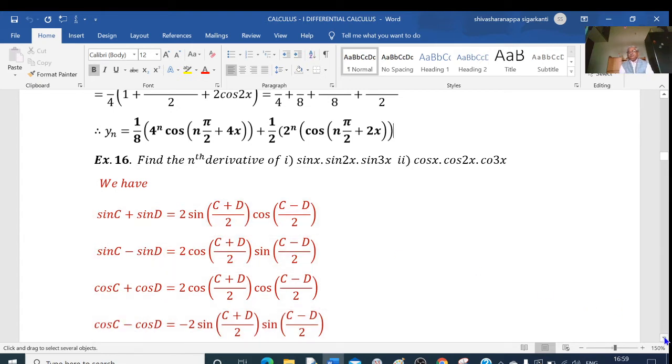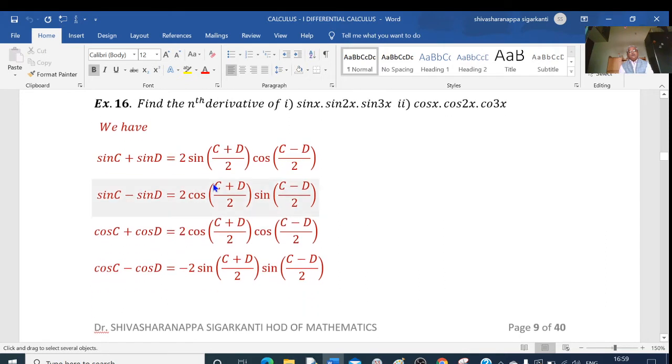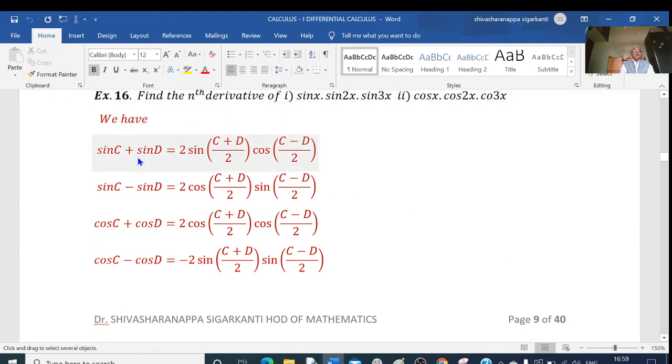Now if I come in reverse order, that is, if I put (C plus D)/2 equal to A and (C minus D)/2 equal to B, then we can come from right to left, that is, from the product of two trigonometric functions to the sum or difference of two trigonometric functions. See, the first one is sine into cos. Sine cos can be written as sine plus sine.